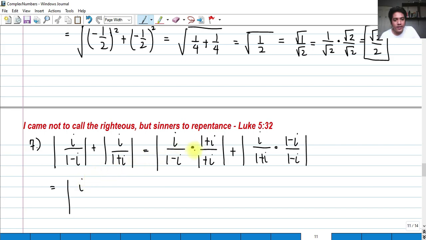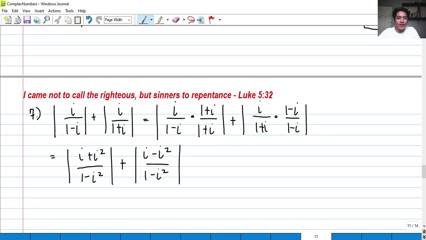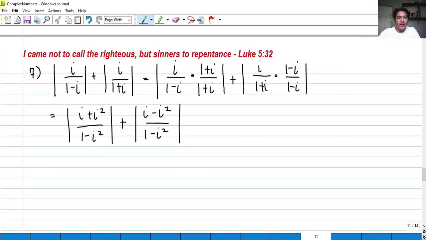We have i plus i squared, numerator times numerator, denominator times denominator. We have 1 minus i squared, and that is plus i minus i squared, then we have 1 minus i squared. As you can see, we have the same denominator. So we can technically combine them, but later.